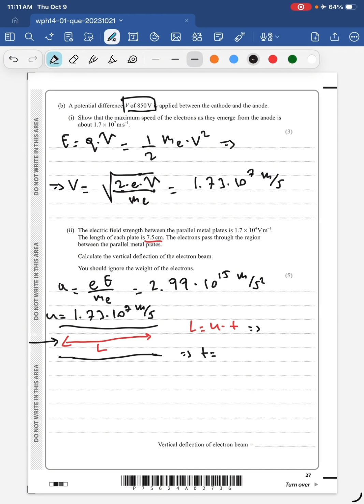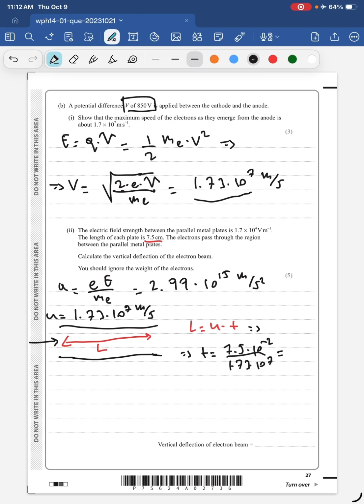So t is simply 7.5 times 10 to the negative 2 meters, the length of the plates, over the velocity, which is 1.73 times 10 to the 7. And the horizontal velocity doesn't change, okay? This velocity will not change in the x-axis because there is no acceleration in the x-axis. The acceleration is only in the y-axis, okay?